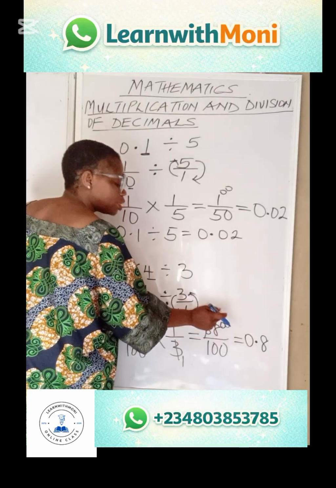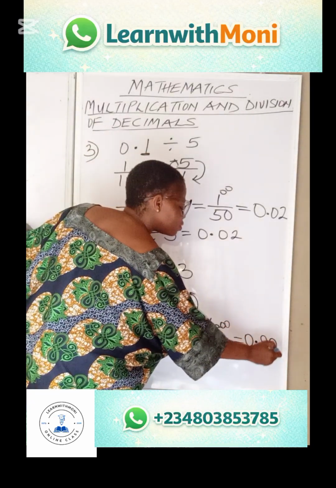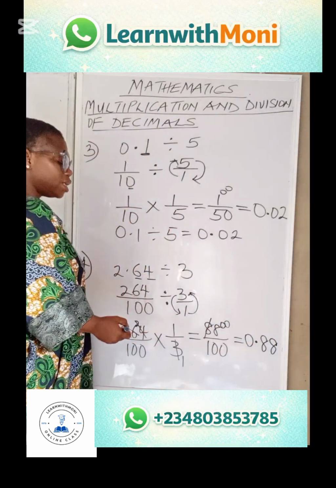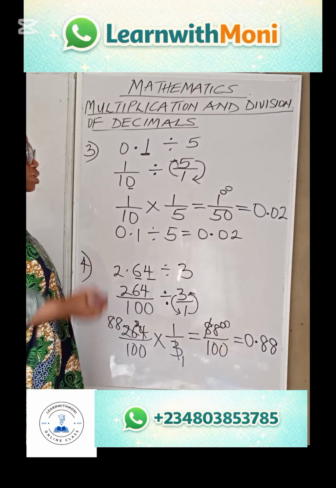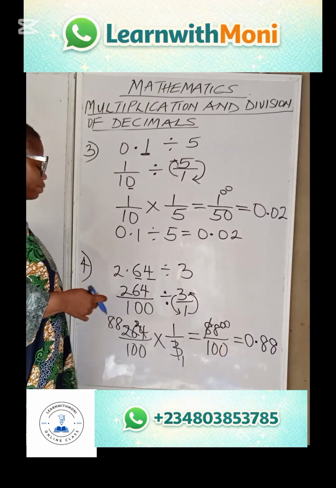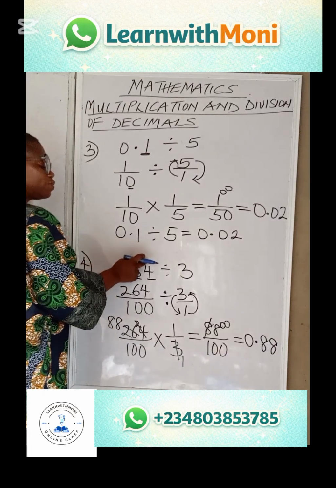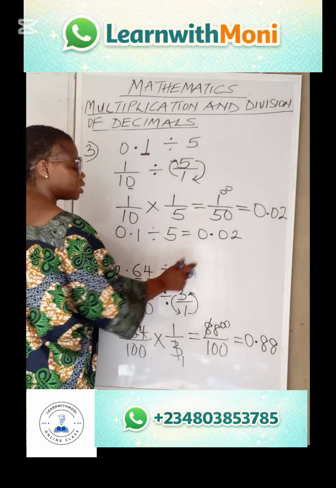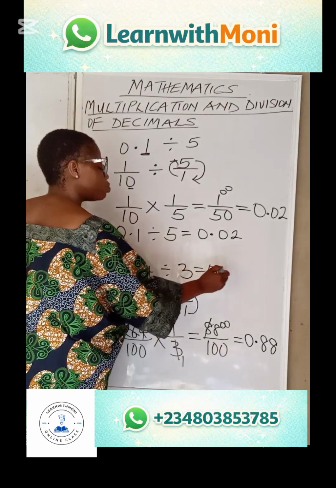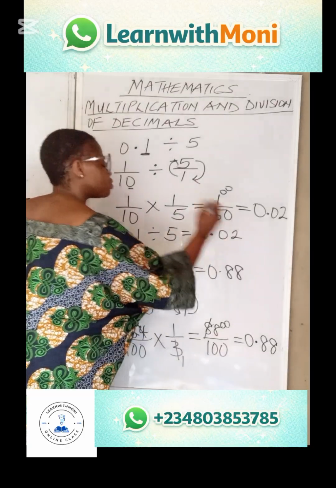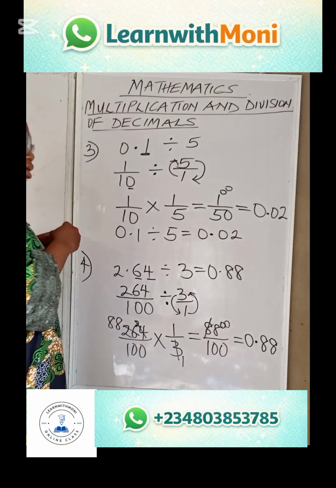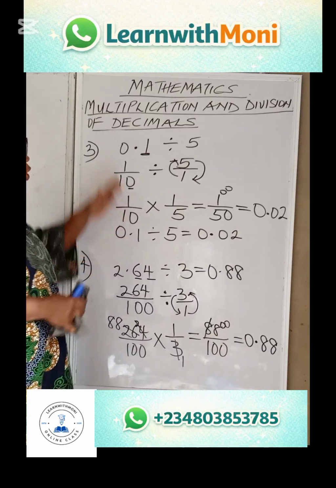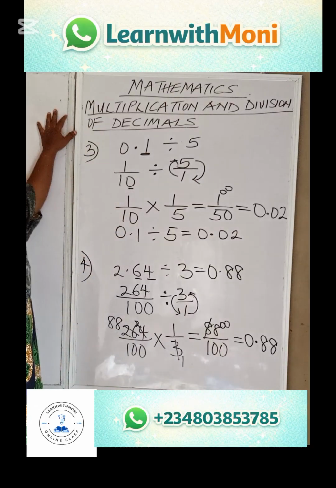How many 100 in 800? It is still 8. You can see that 88 over 100 is 0.88. That means 2.64 divided by 3 is equals to 0.88.